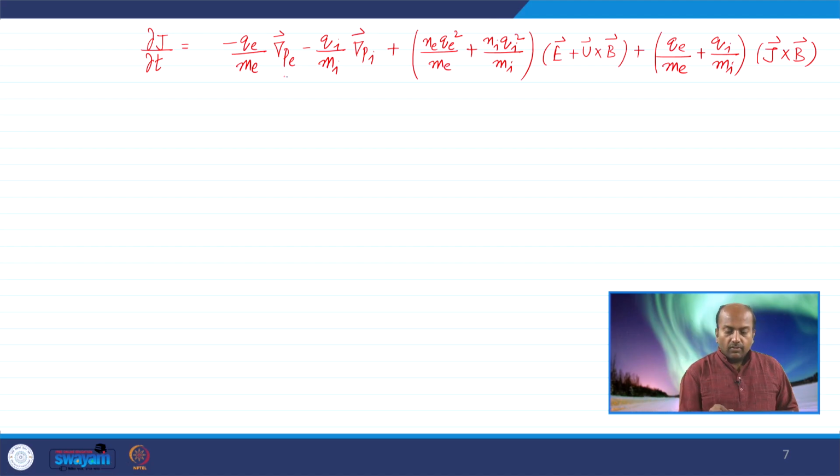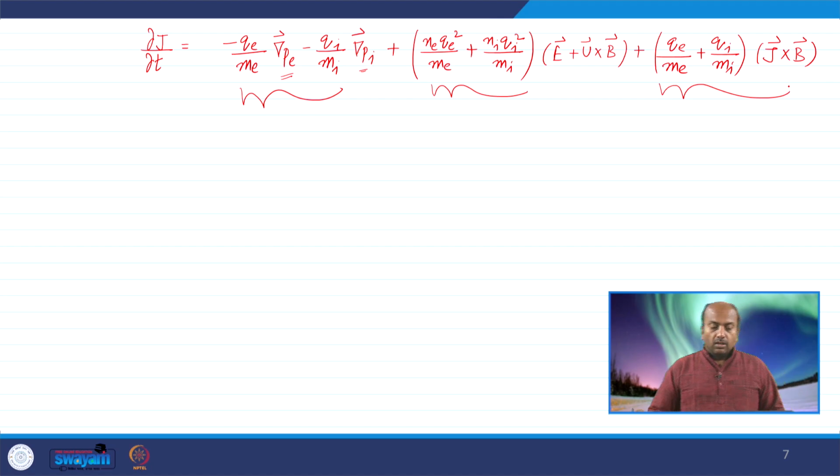So, if we assume the total pressure gradient to be equal to the sum of these two, then we can combine these two expressions and write a single term, and this one also can be reduced, and these three terms will be equal to the rate of change of current density.